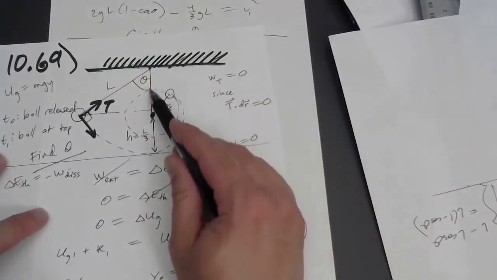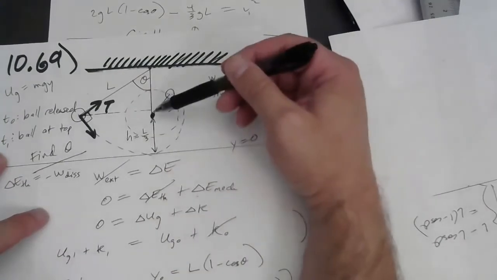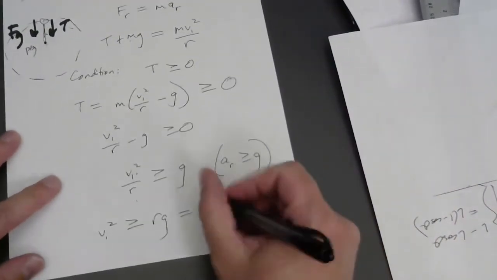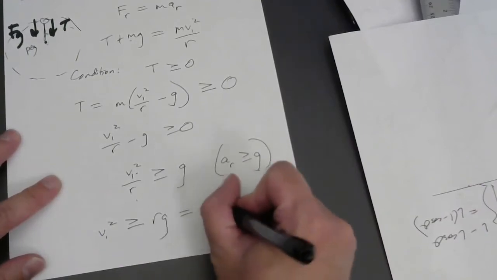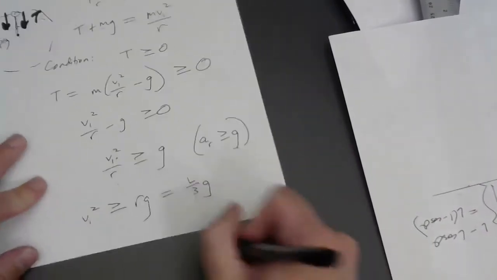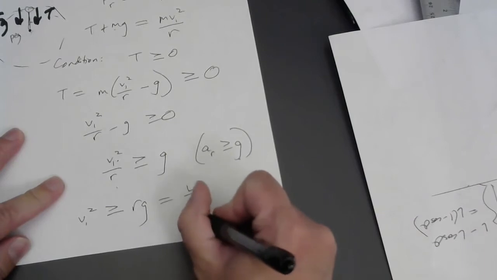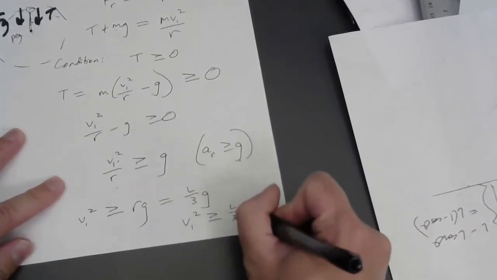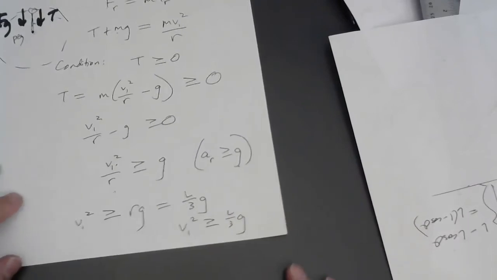We're just looking at what happens up here. The radius here is this 1/3 L. That's the radius of the circle, not the full L. So I can set this equal to L over 3 times G. Okay, so the upshot here for this part of the problem is V1 squared has to be greater than or equal to L over 3 times G.